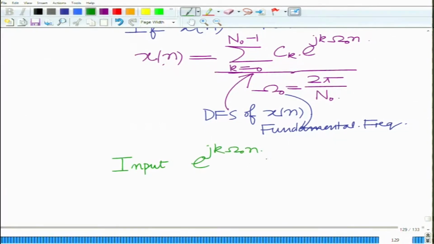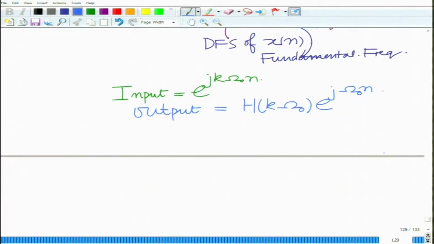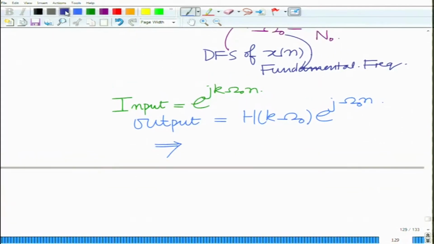So, for each input e raised to j k omega naught n, the corresponding output we have seen equals H of k omega naught times e raised to j k omega naught n, which implies that an input of c k times e raised to j k omega naught n gives the corresponding output c k H of k omega naught times e raised to j k omega naught n.